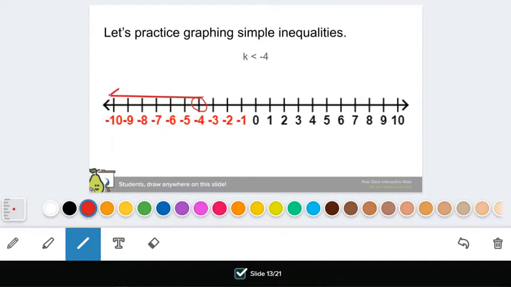And I'm going to have an arrowhead indicating that all these numbers forever and ever, what we call the negative infinity, are covered by this inequality that's going towards the negative infinity.